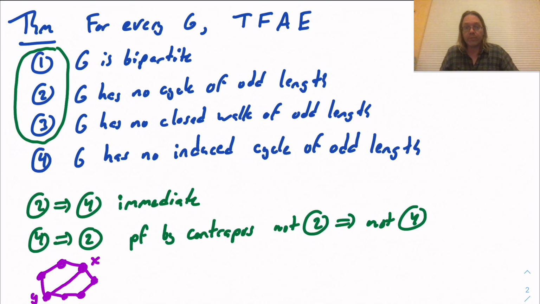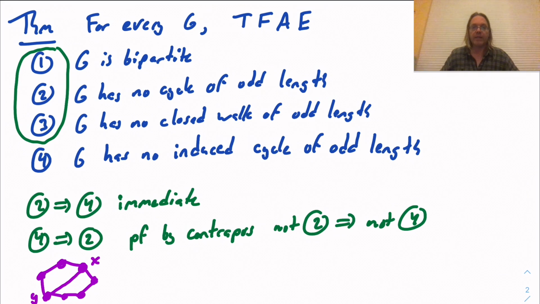One of them has got to have even length, and one of them has odd length, because when I sum up their lengths, I get the length of the whole cycle, which is odd. And now what happens? Well, if we take that even length path from X to Y plus this little shortcut edge, XY, you've now found another odd cycle.